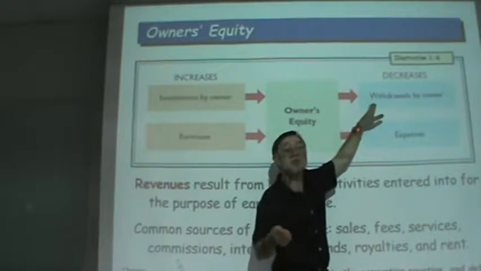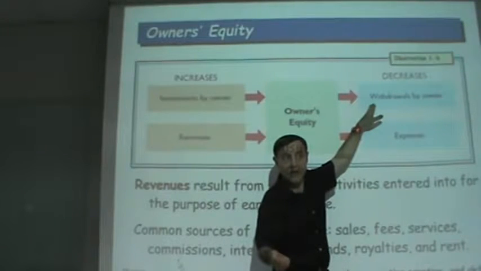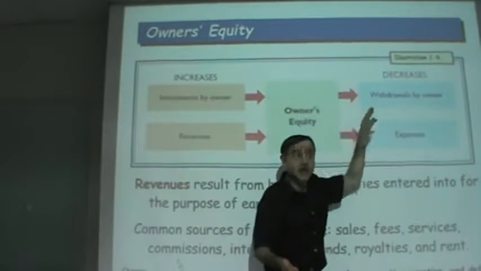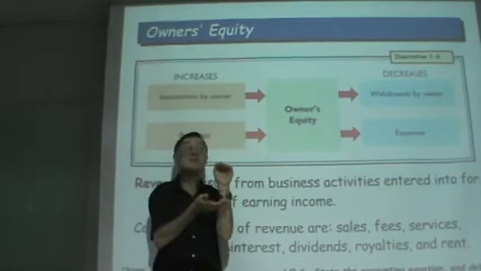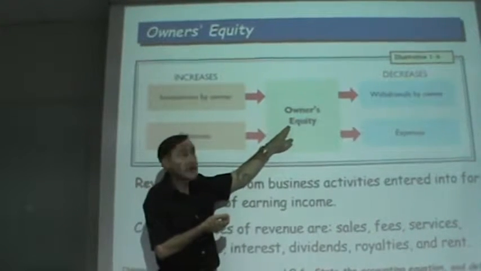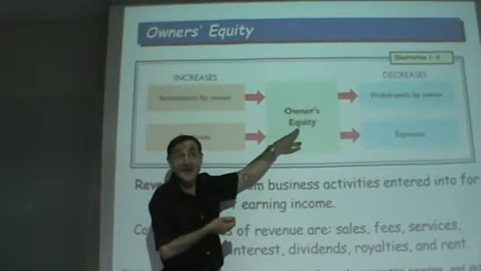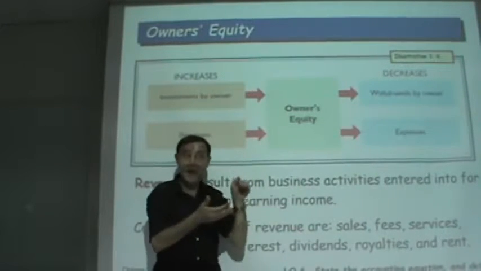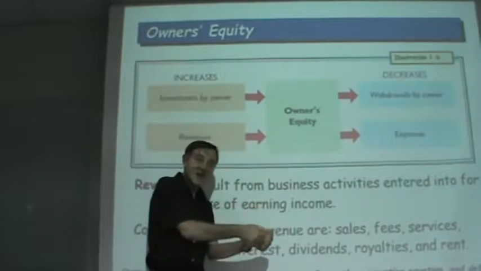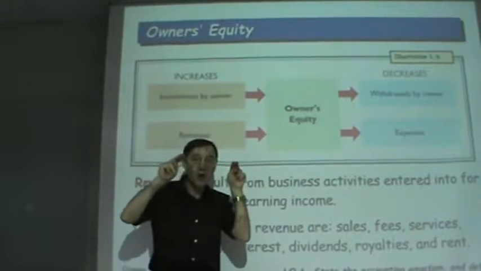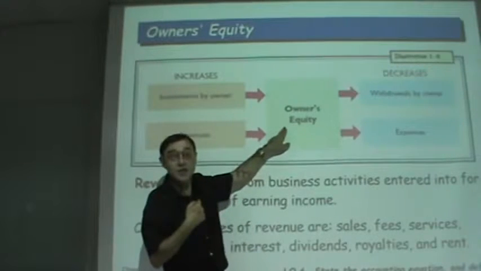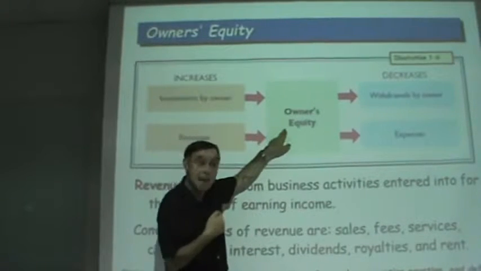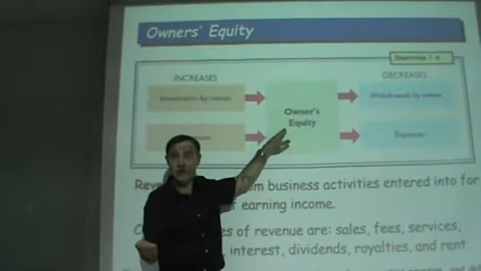Dividend is the proper, correct word, okay? Or withdrawal. So withdrawal is a reduction of capital. When I say equity, same as capital. Reduction of capital because the business, we say the word distributes. Distributes, now we use the word capital. Distributes capital to the owner.